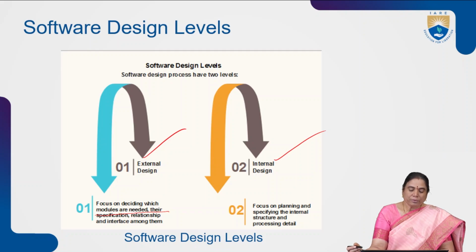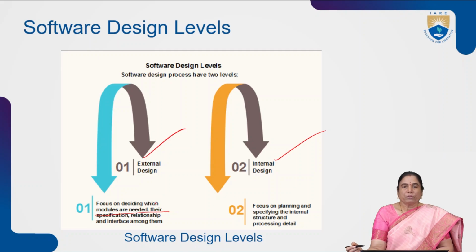So the modules need their specifications so that the interfaces can be realized with the help of interactions, and the stakeholder can easily access the software functionalities or modules through these interactions.